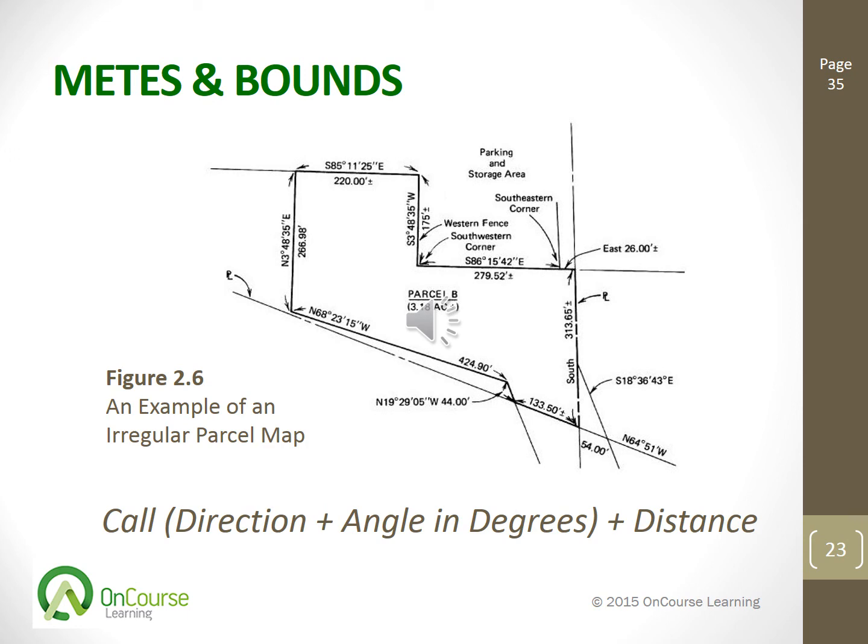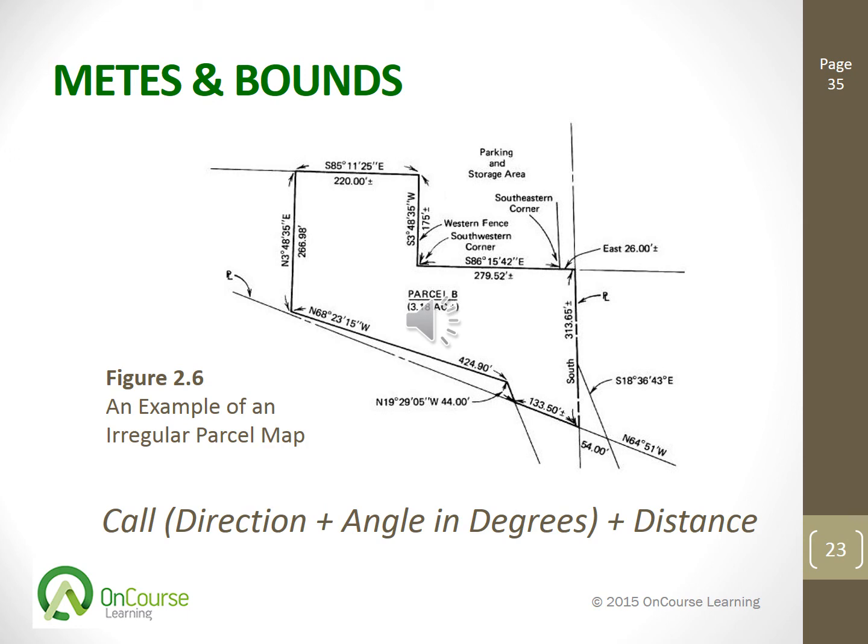You can see where they start, the point of the beginning, and they come around and it has to close. One of the things about this is that you can find an officer at most title companies that can determine the area enclosed by this property. Some counties will tell you what it is. In this case, you can see that parcel B has 3.18 acres.